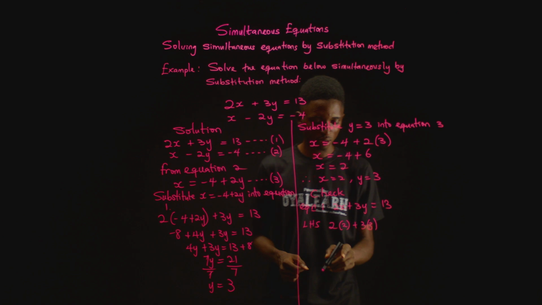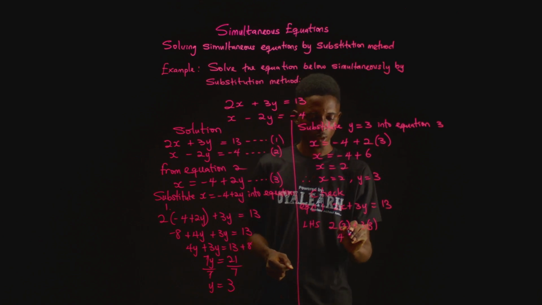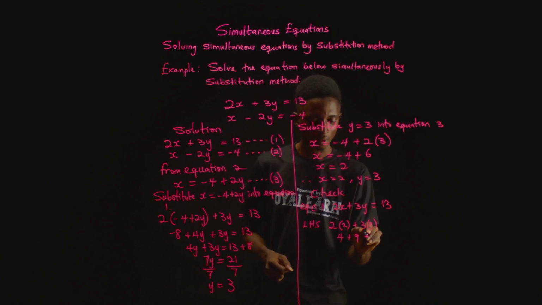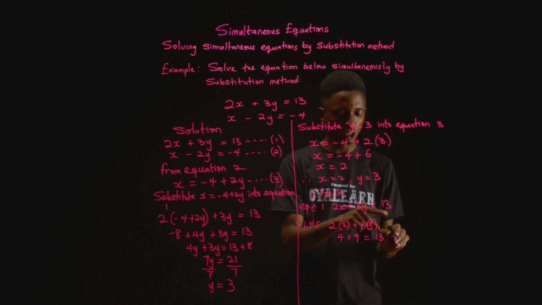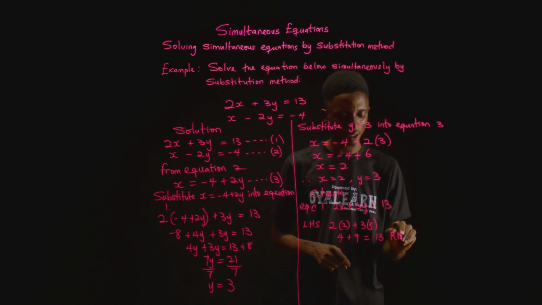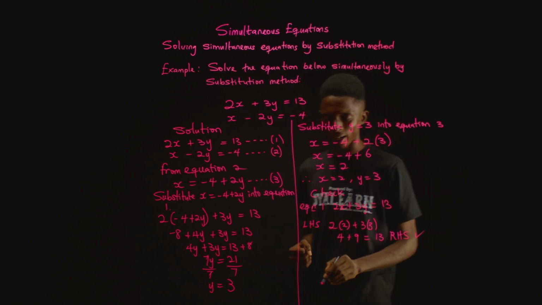Now let's check this out. 2 multiplied by 2 gives us 4, plus 3 multiplied by 3 gives us 9. And when we add 4 and 9 together, we get 13, which is the same as what we have on our right-hand side. So since it's consistent, it is correct.